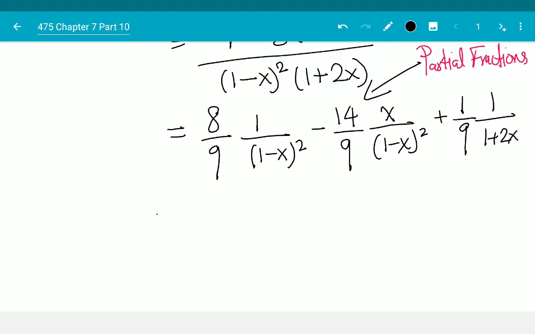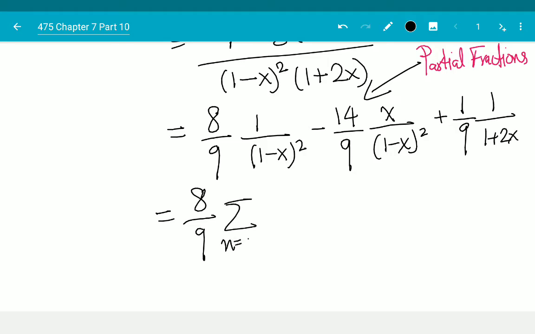How does that help? Well, I know the power series for all of these. The power series for 1 over 1 minus x squared, I can get by taking the derivative of the power series of 1 over 1 minus x.